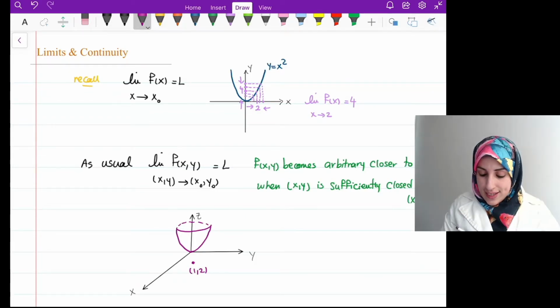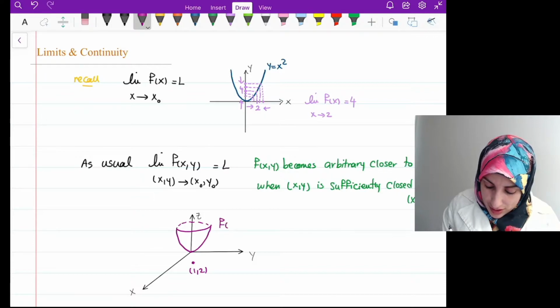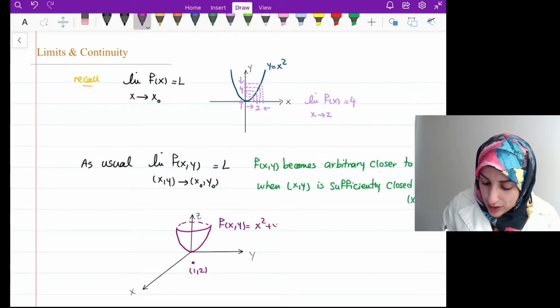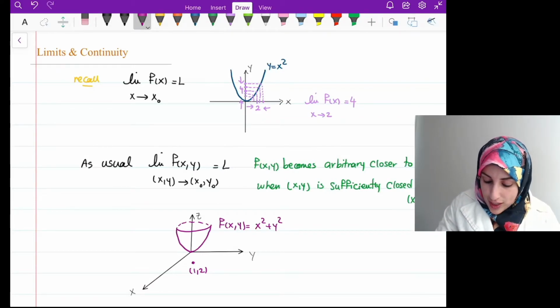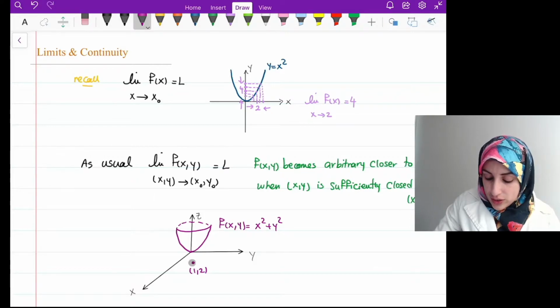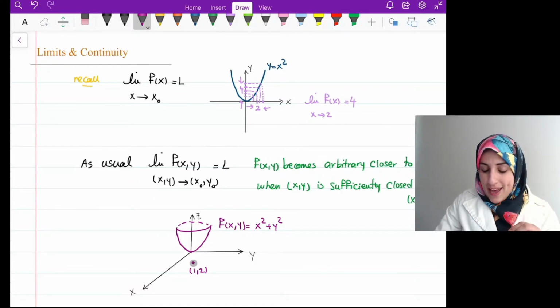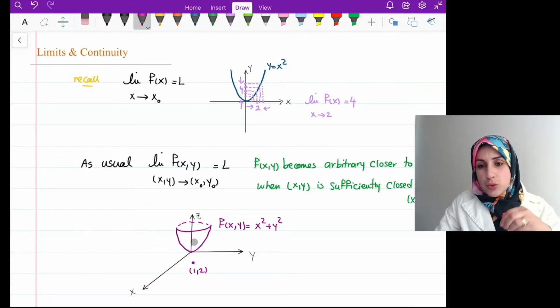Then f of x and y, which has the formula x squared plus y squared, gets closer and closer to the point 1, 2, and we find the values at each of the points we pick that become closer to 1, 2, and then we find the limit.